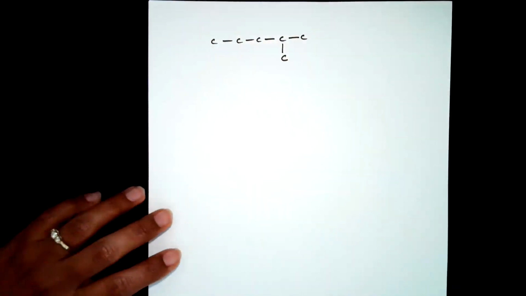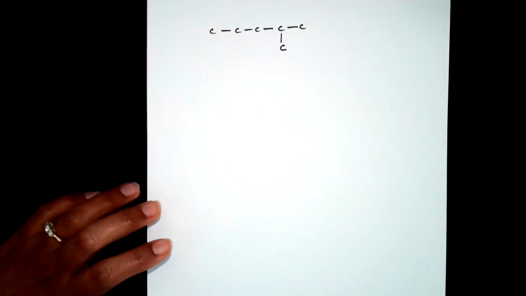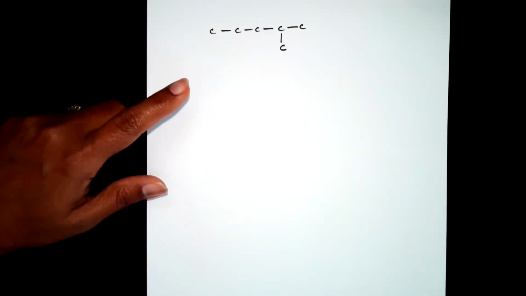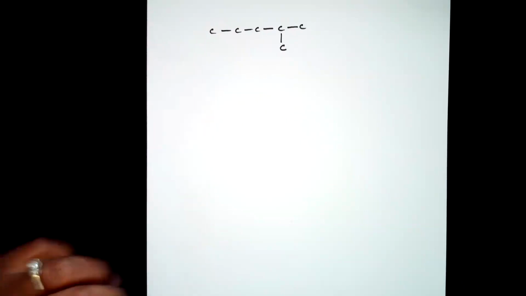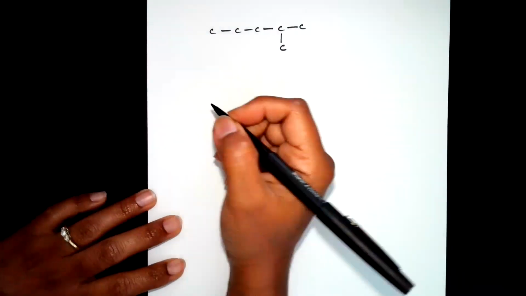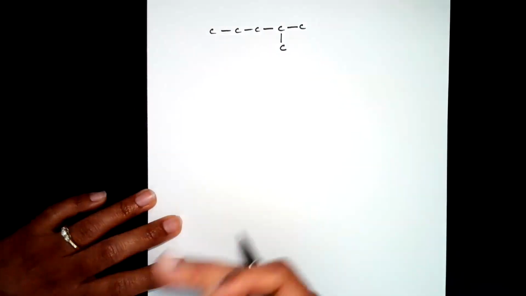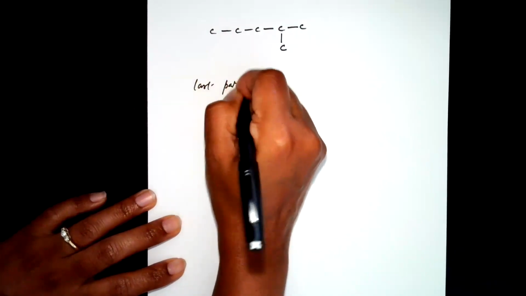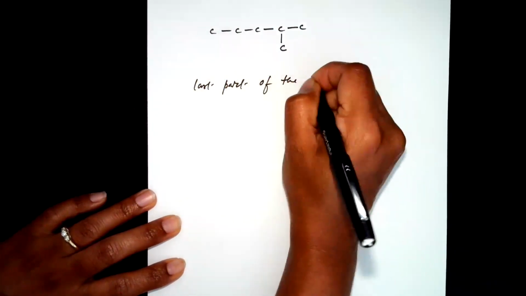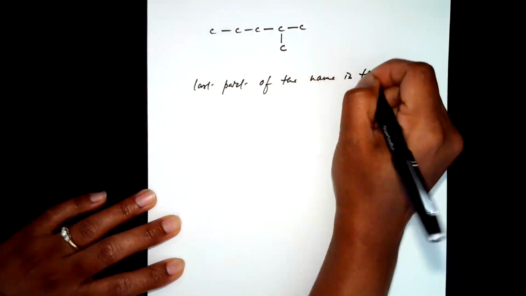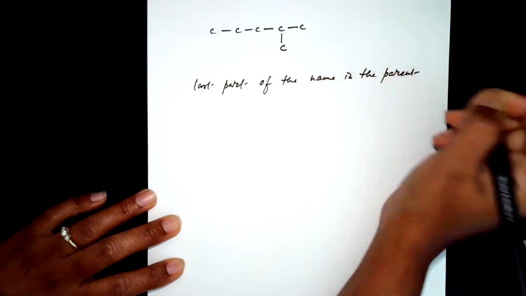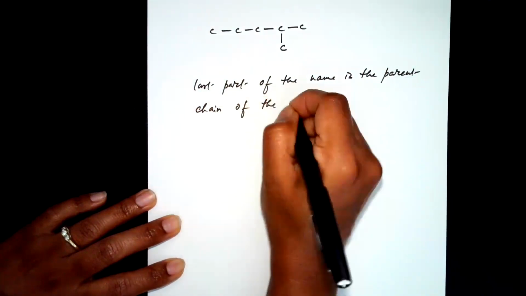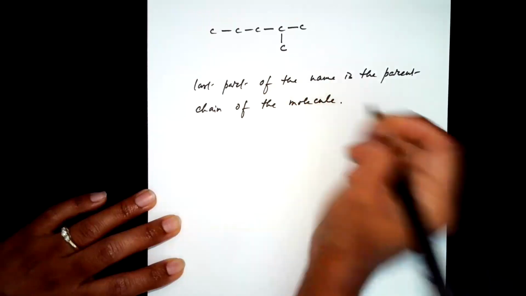So the first rule of IUPAC nomenclature is to find out what is the parent carbon chain. So for this one, the parent carbon chain is a pentane, because it's 5 carbons long. Now, the last part of your name is the identity of your molecule, the name of the parent chain of your molecule.